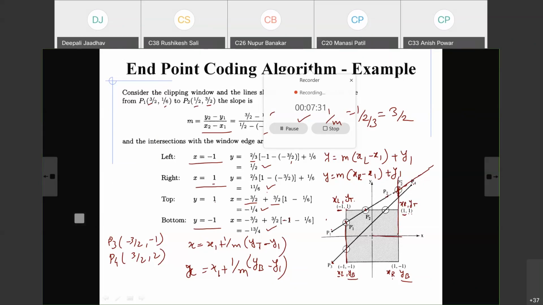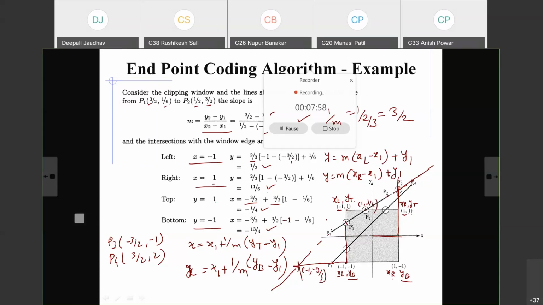Similarly, at the top, this is 1 comma minus 1 by 4. And at the bottom, when we draw the line like this, somewhere it touches. So y is minus 1 and x is minus 13 by 4, where it touches the bottom.